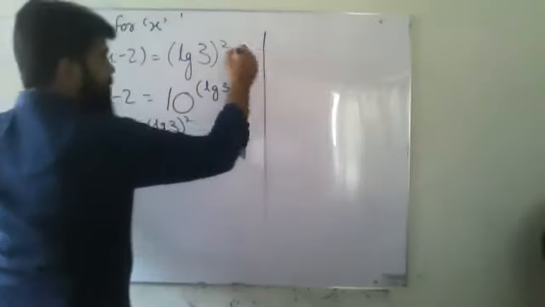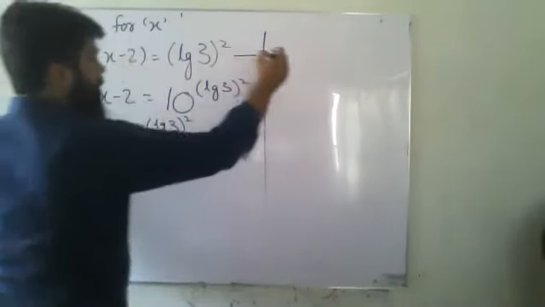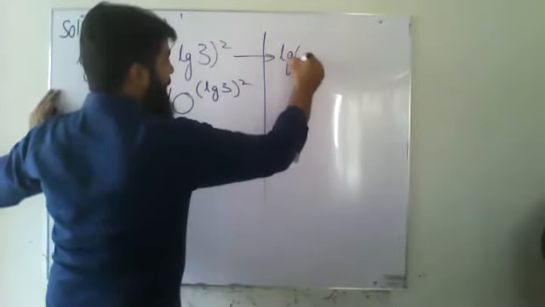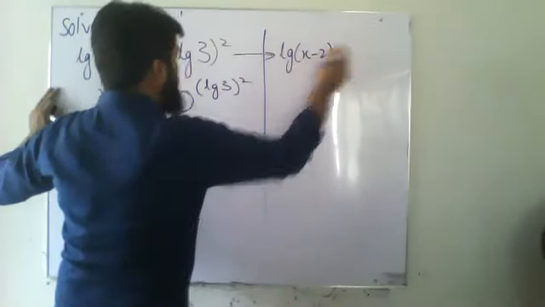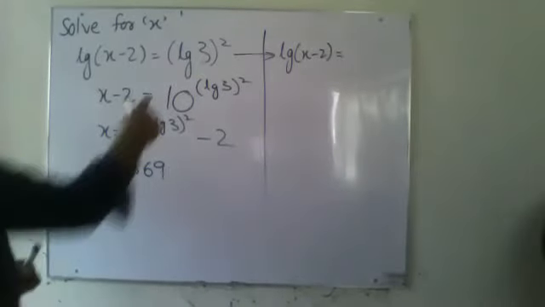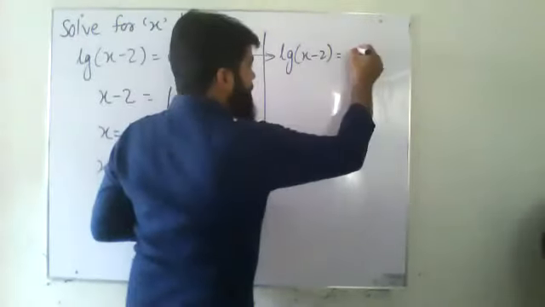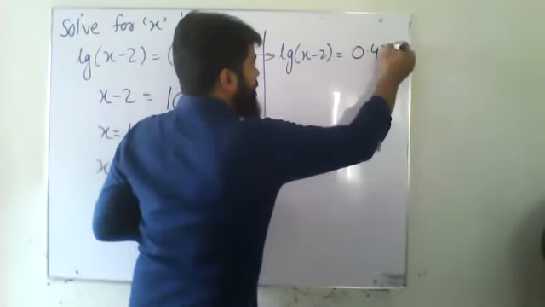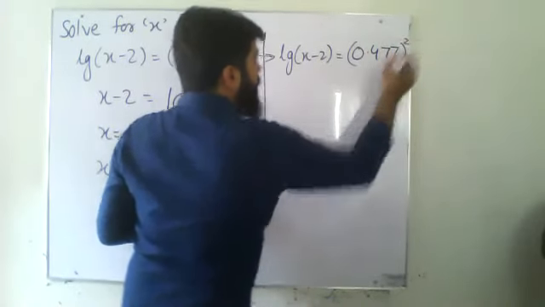I'm solving this question again. First of all, lg(x - 2) equals to. Now, first of all, I'm solving whatever is written inside. This will become 0.477 whole square.